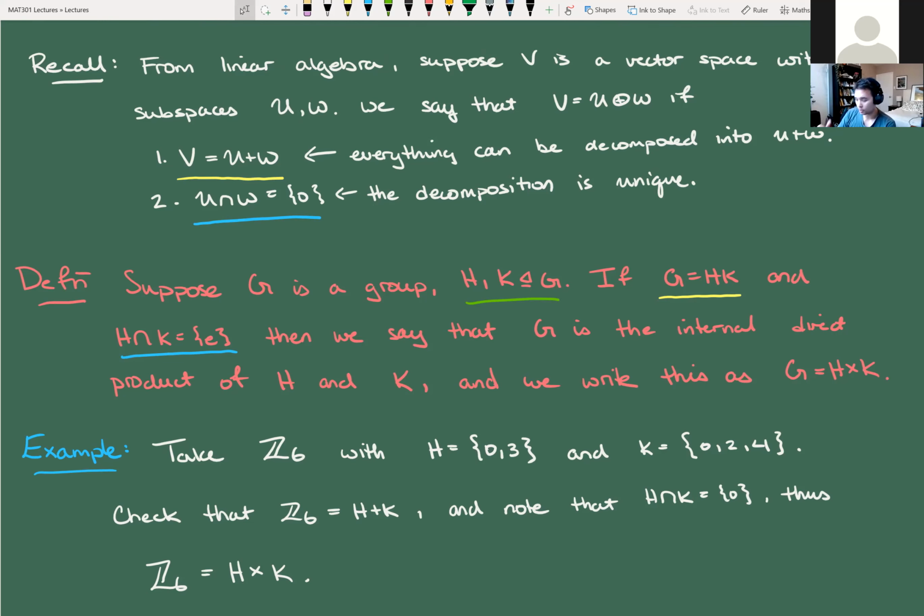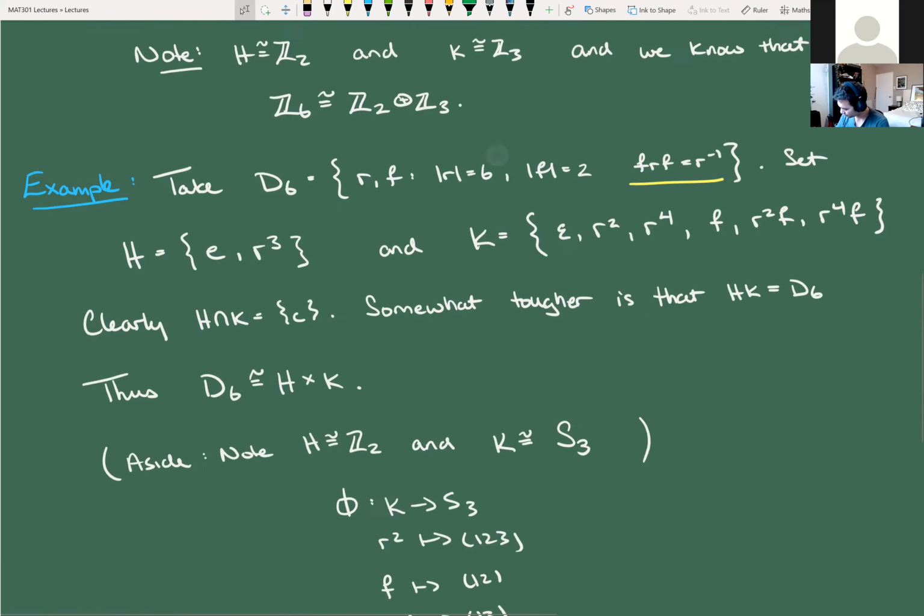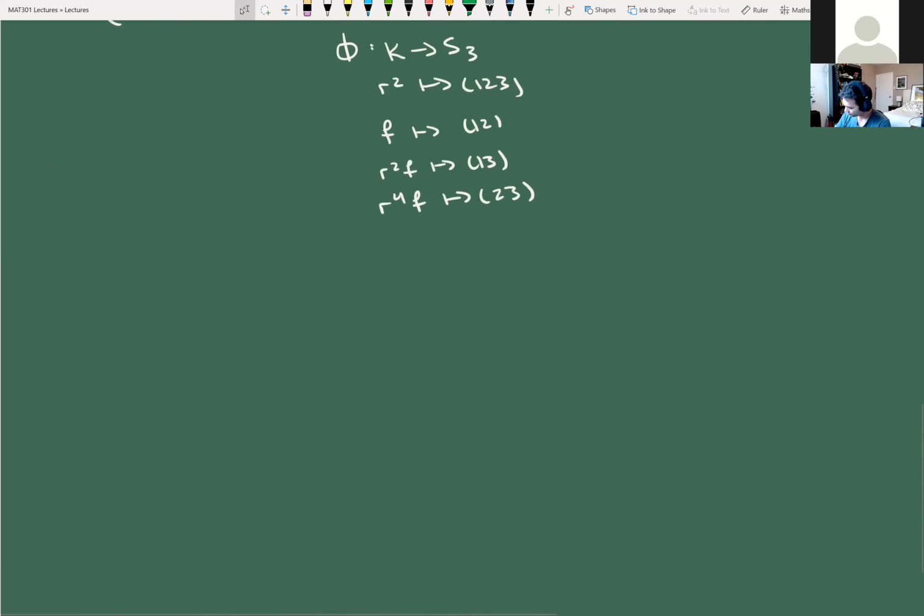So let's prove that really quickly. So theorem, and I want you to think about how we do this. If G is equal to the internal direct product of H and K, right? I'm not going to say H and K are normal, they intersect trivially, yada, yada, yada. We know all of that's true when I write this notation down, right? We're guaranteed that that's true.